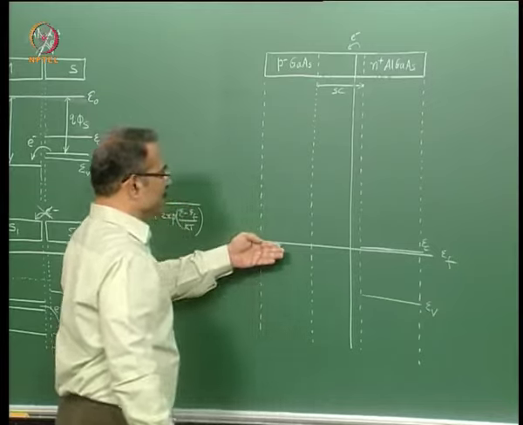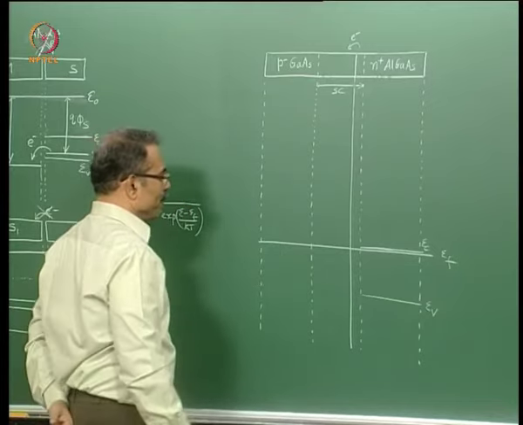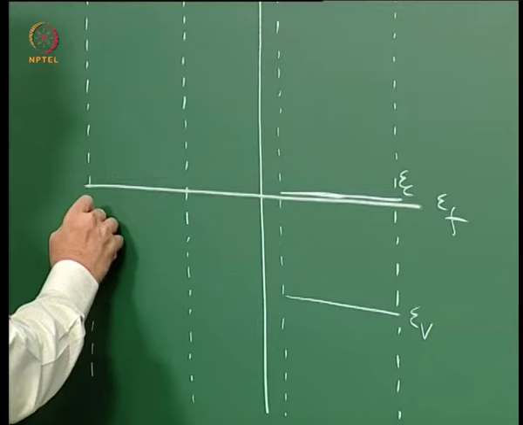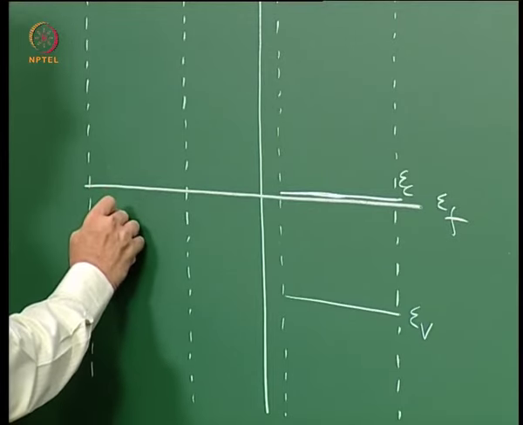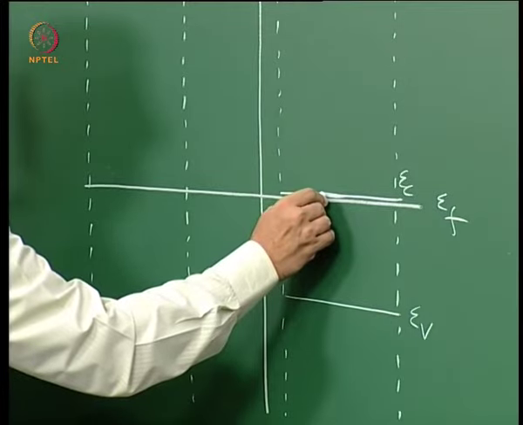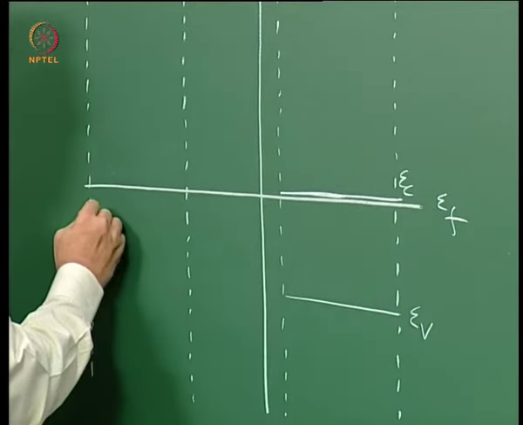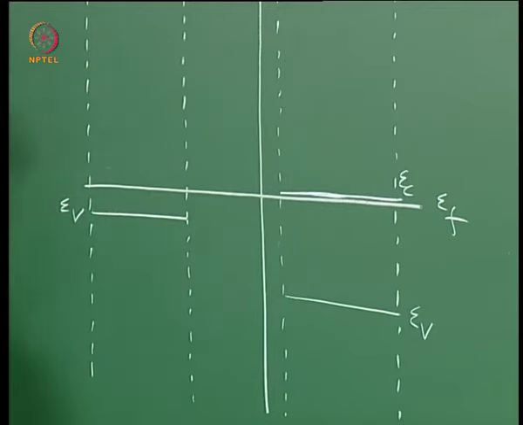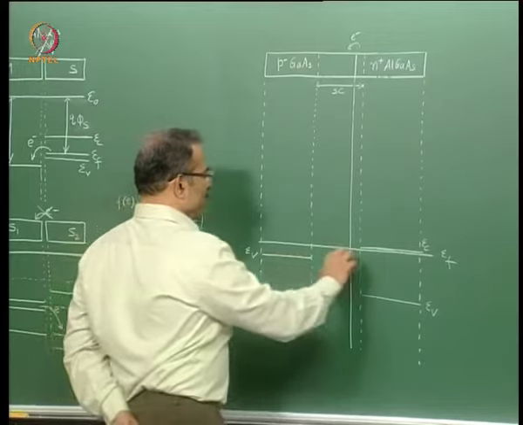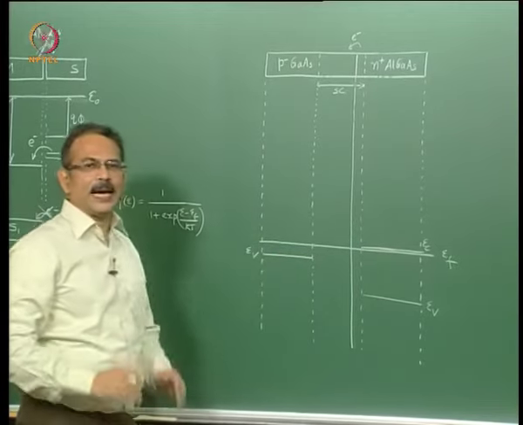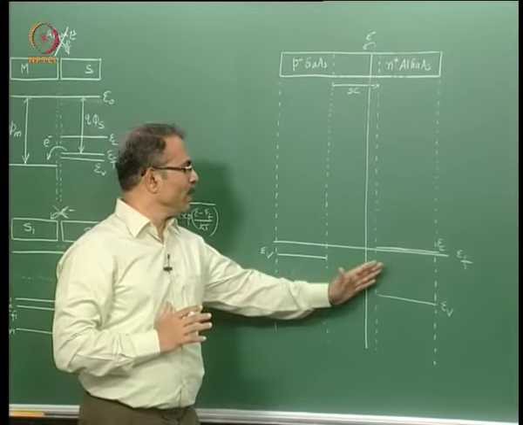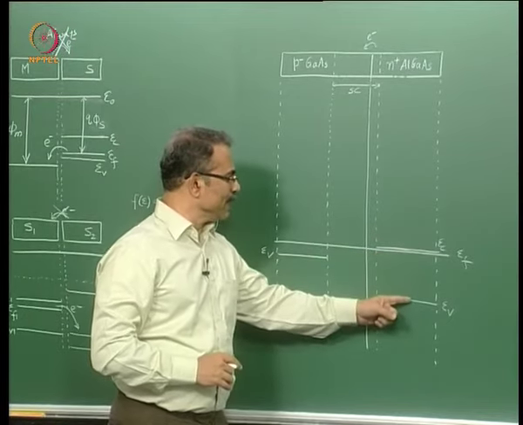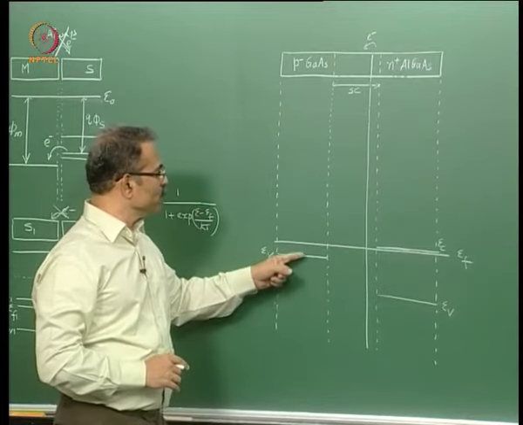Let us draw the valence band edge and conduction band edge on the left hand side. So the doping on the left hand side is lower, so the difference between EF and EV here will be more than the difference between EC and EF here. So let us say this is EV. Now when we draw the diagram, we must have an idea of the relative scale of various energy differences. For example, we know that this is 1.8 electron volts and the band gap here has to be 1.4.